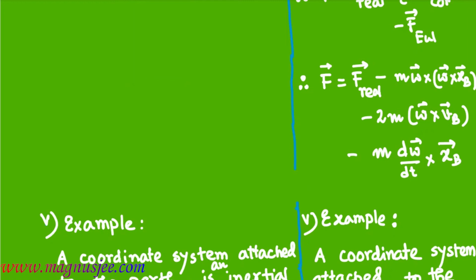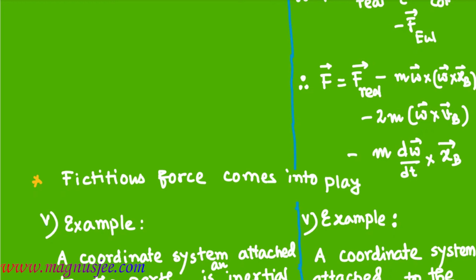Now, in the difference number 4, what we can write is that fictitious force comes into play due to translational and rotational effect of the frame of reference with respect to the assumed inertial frame of reference.